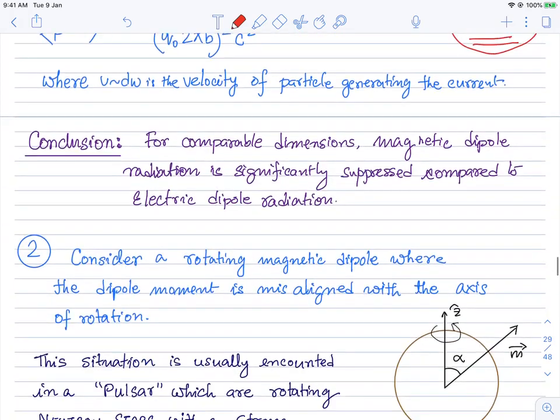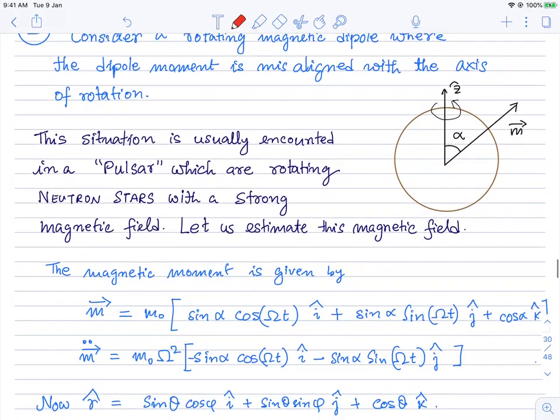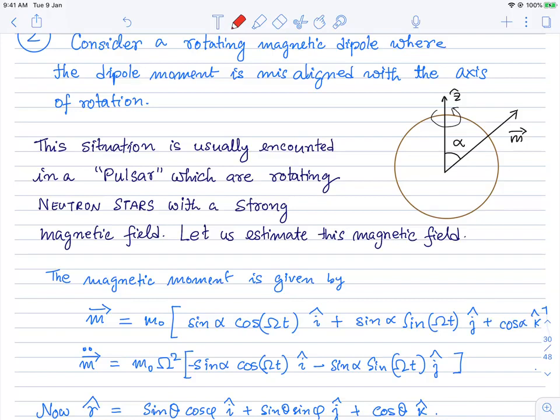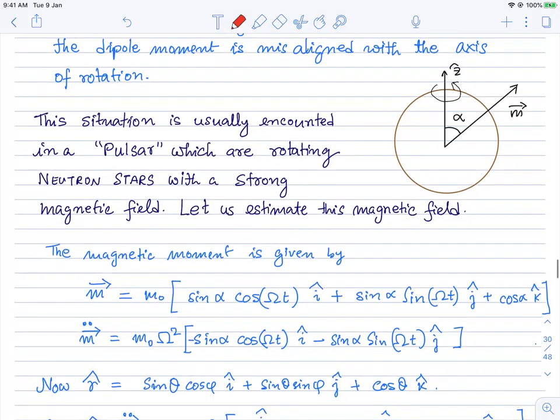Very good. Now, I will not get into a lot of detail about this second example that I had. I want you to really work it out and go through this once. It is a very, very interesting example. This is the second way in which the dipole can oscillate.